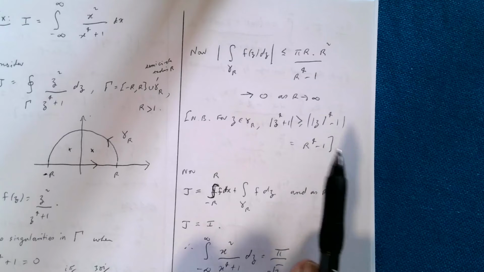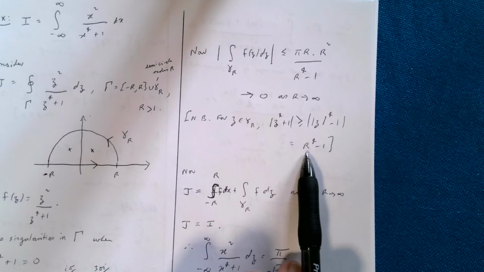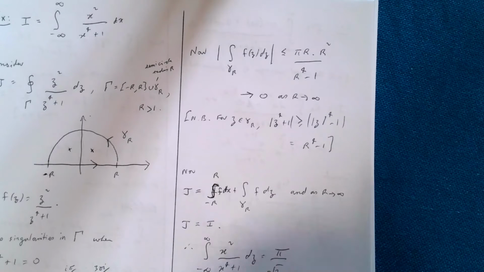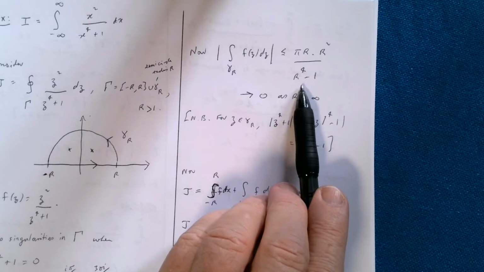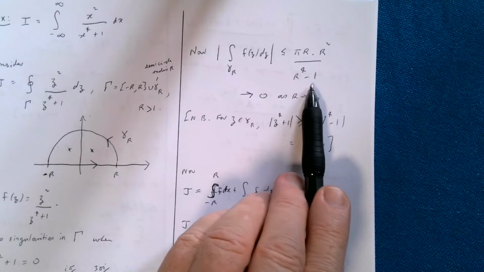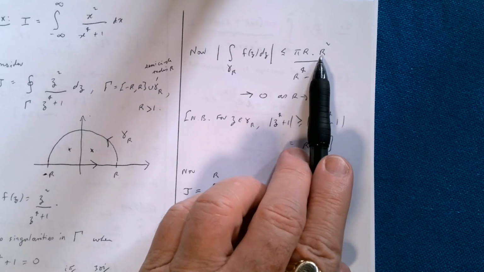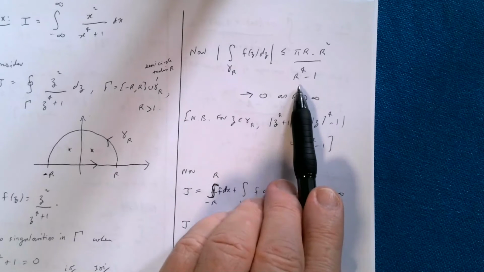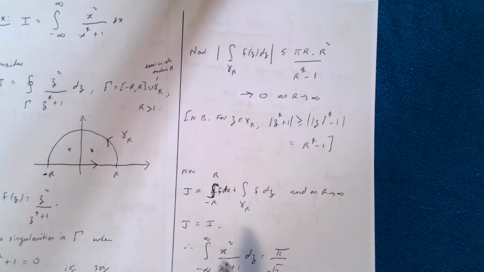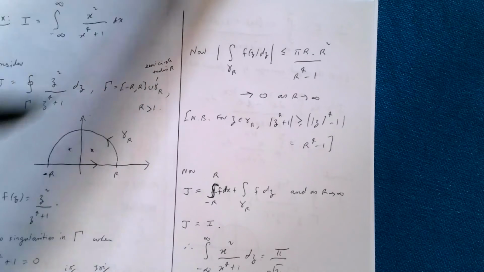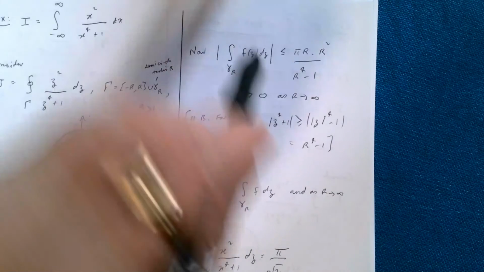Remember, R is bigger than 1, so I can forget about the absolute value sign. Plugging that back in here, we get the rest of the approximation. Now we get an R cubed term on the top, an R squared term on the bottom, so the bottom dominates. And that means this is going to go to 0 as R goes to infinity.